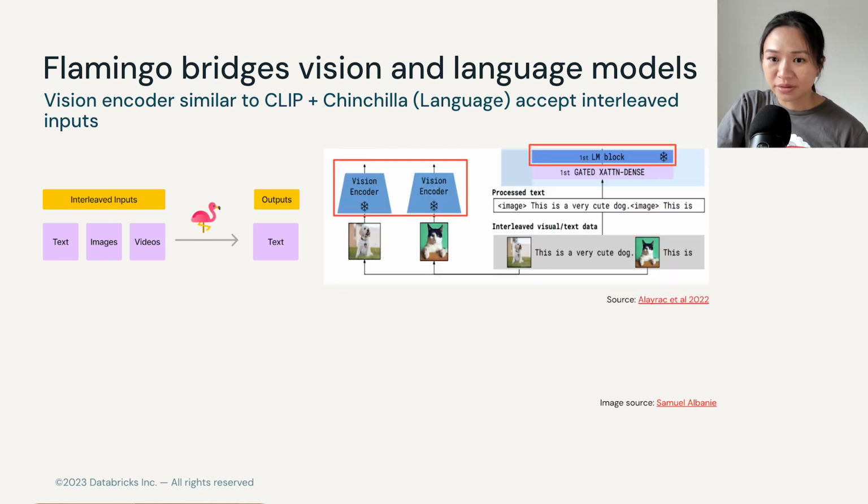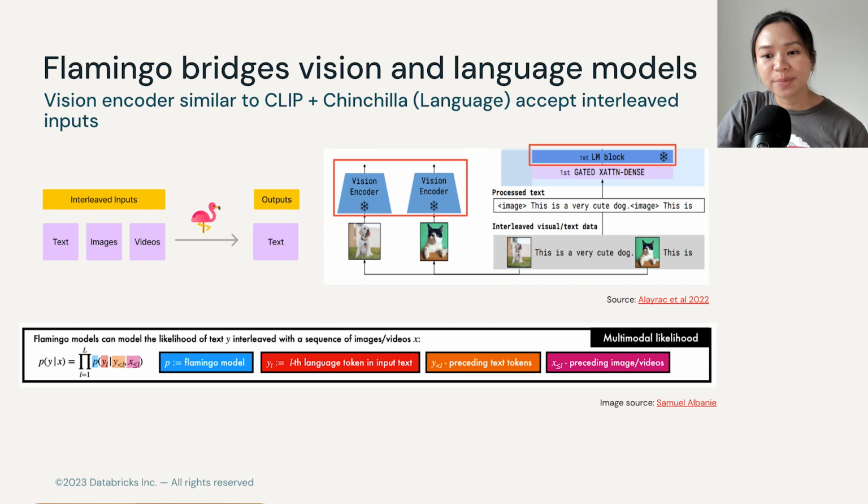The second goal of Flamingo is to bridge vision and language models harmoniously. For that, the authors freeze the weights of these models and link them via two learnable architectures. An important aspect of the Flamingo models is that they can model the likelihood of text, y, interleaved with a sequence of preceding images or videos and also preceding text tokens.